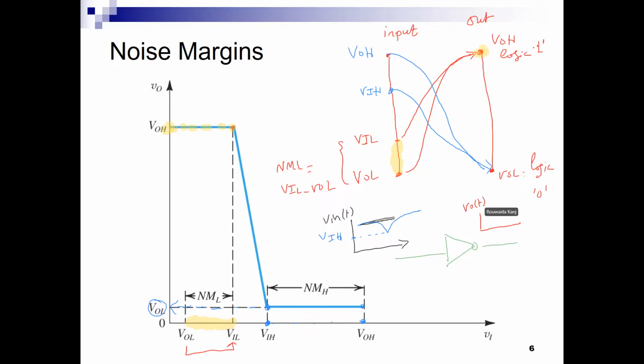It will always be VOL, it will not go higher. If the input drops further, beyond this point, if the input drops below, then the output will really go higher. Okay. So garbage in, garbage out.